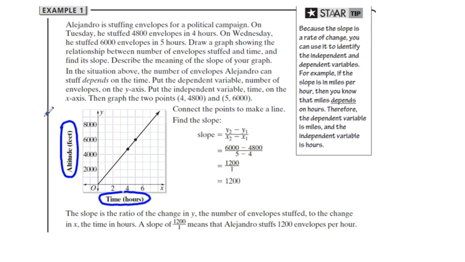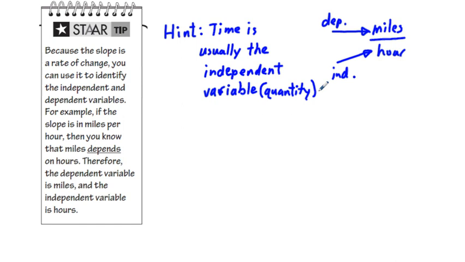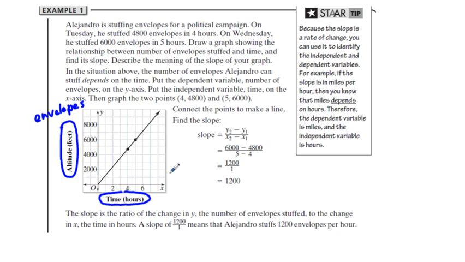This should be number of envelopes. Okay. I didn't proofread this exercise, nor did I come up with it. But you see that time, as I mentioned back here, is going to be your independent variable, which represents itself usually along the horizontal or x-axis.